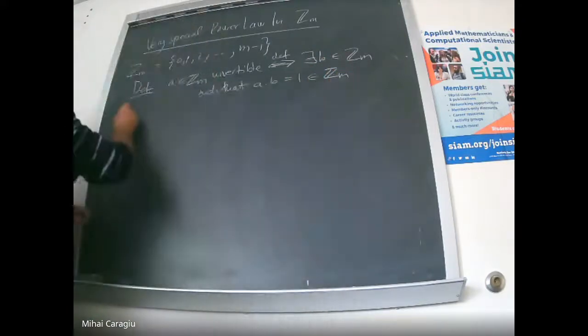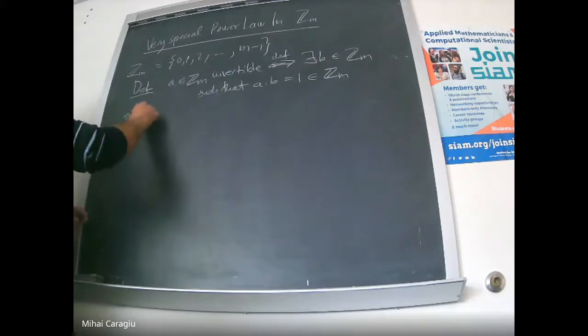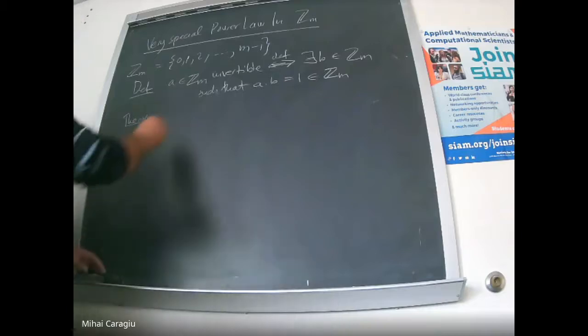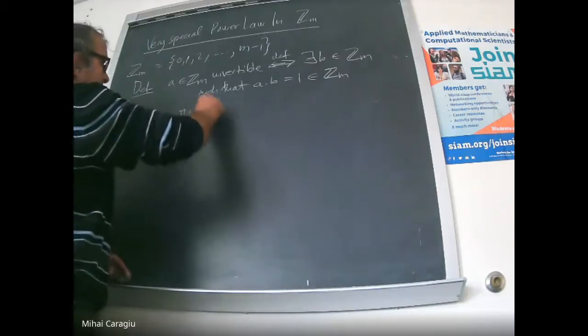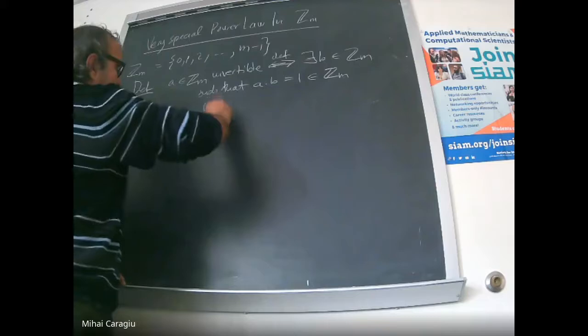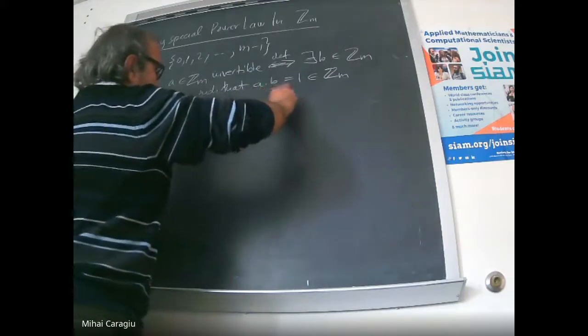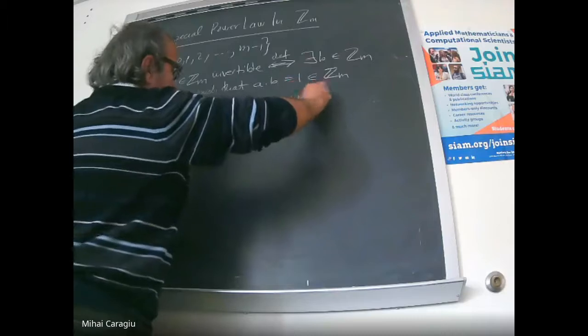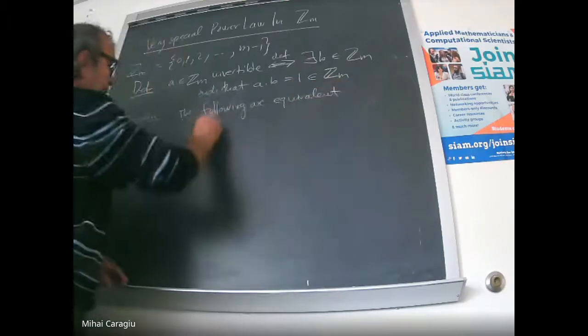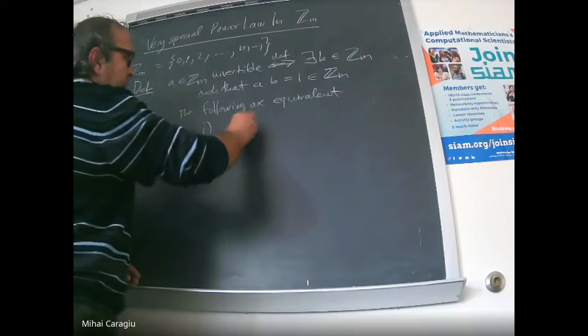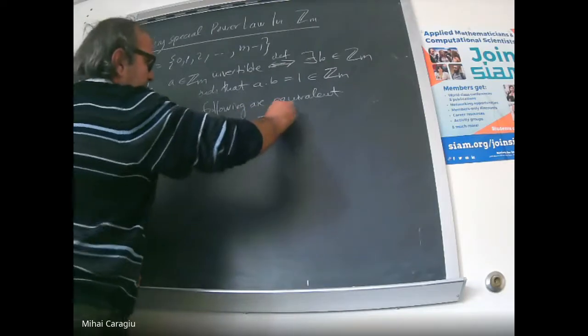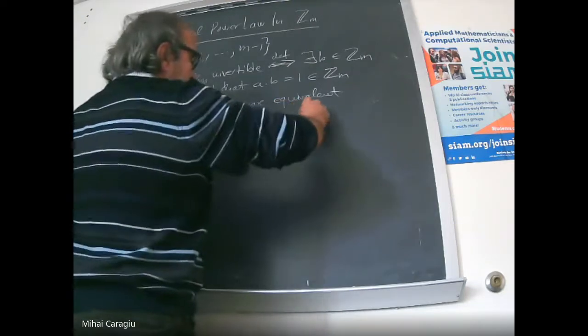And now comes the theorem. The following are equivalent. First, A belonging to Zm is invertible.